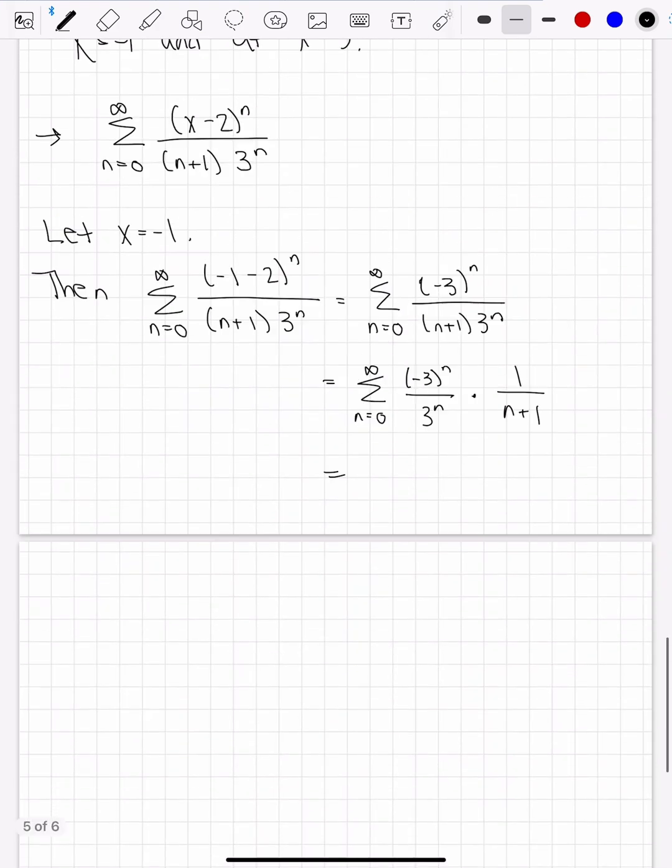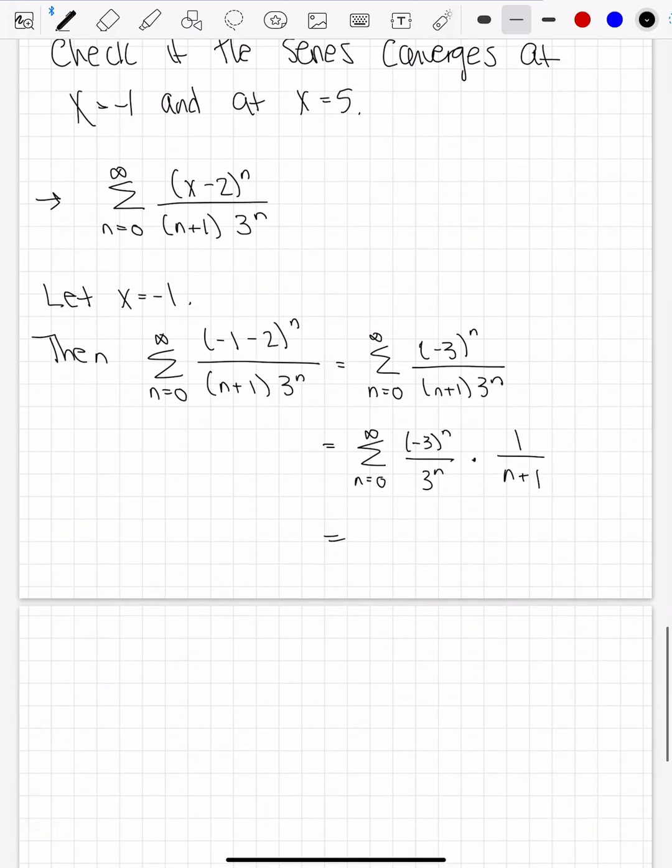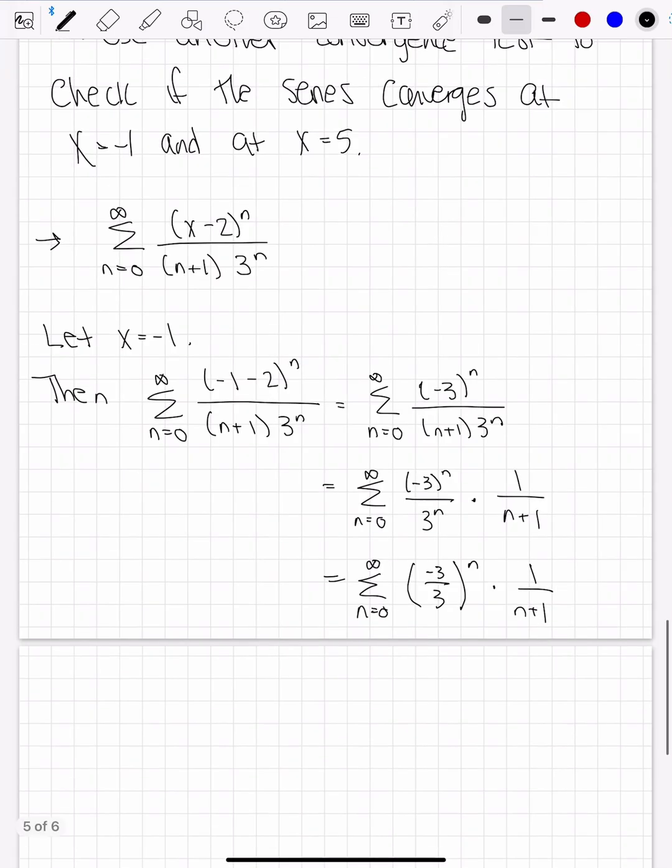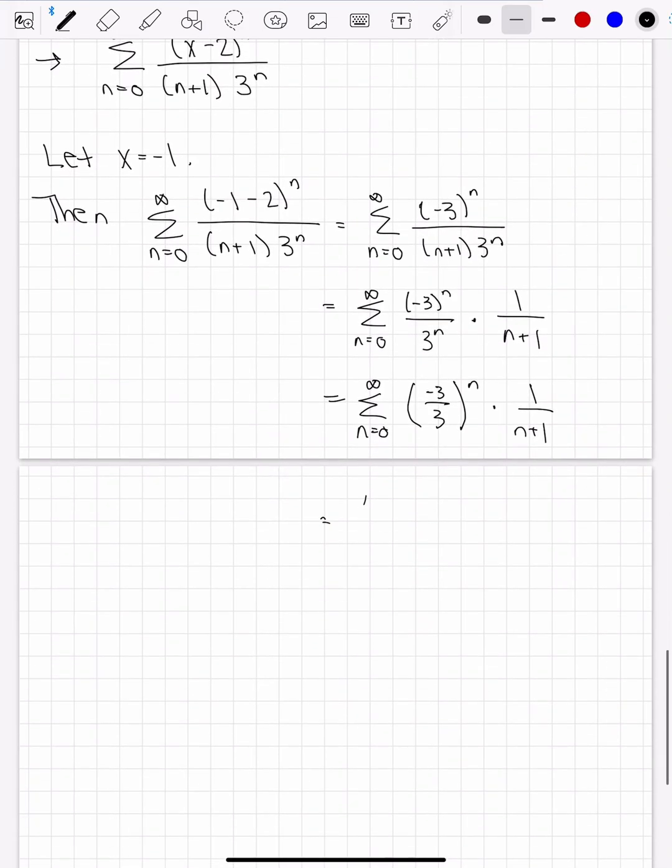Right now I'm just simplifying before I even use a convergence test. Remember, if you have stuff raised to the same power, you can take that out. That's one of the exponent rules. And so -3 divided by 3 becomes -1. So I actually am dealing with an alternating series.